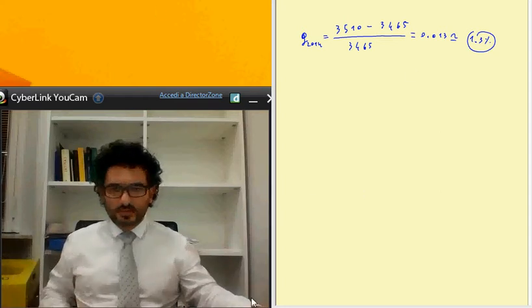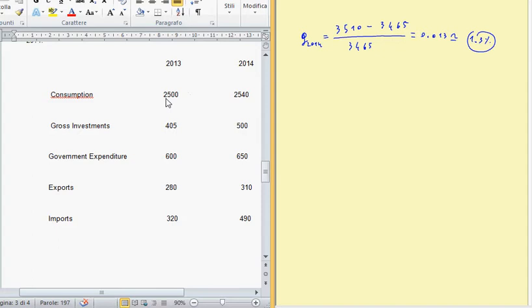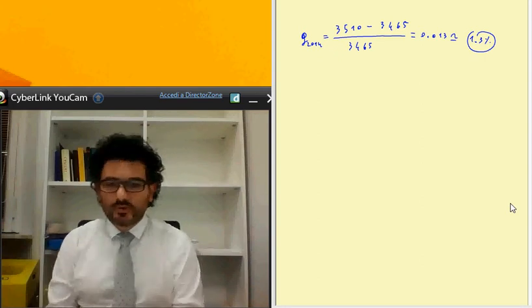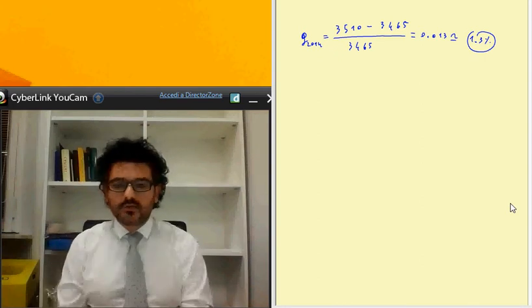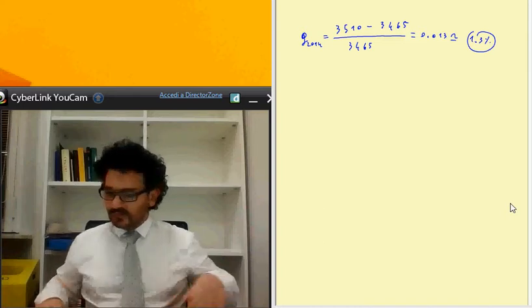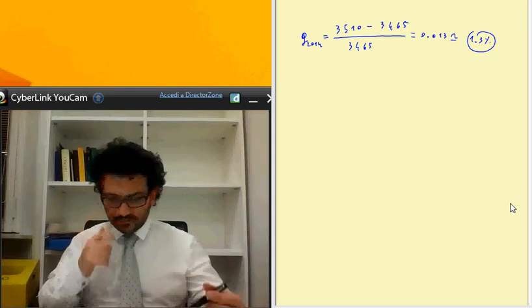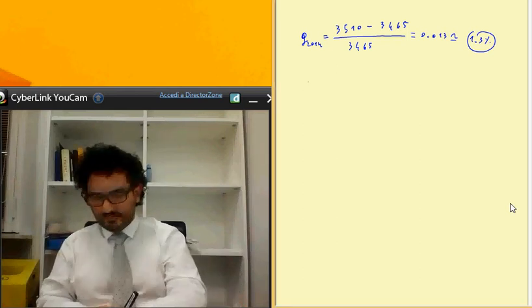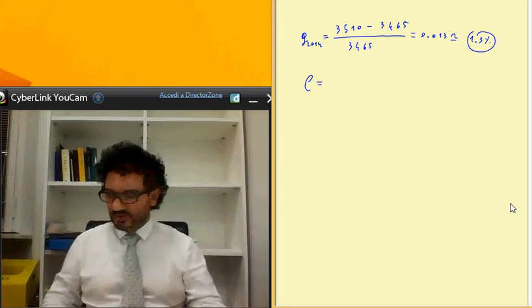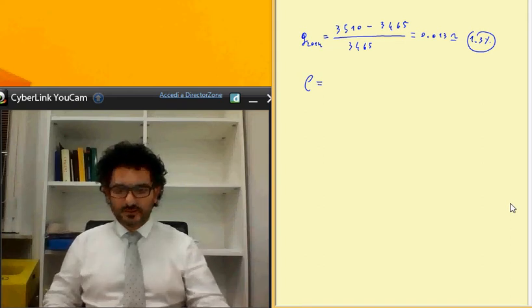In this example, the level of consumption, gross investment, government expenditure, exports, and imports is given, but we need to make some assumptions about consumption, investment, and the other aggregate demand components. In particular, we can assume that consumption C can be expressed as a function of disposable income.